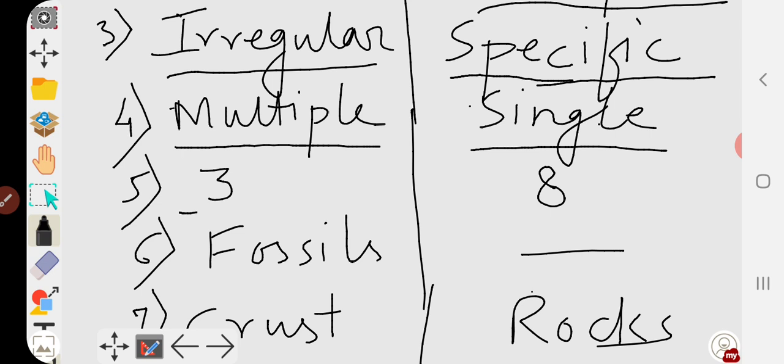We know there are 3 types of rocks, that is igneous rocks, sedimentary rocks, metamorphic rocks. But minerals are of 8 groups. What are those? Silicates, sulfides, carbonates, oxides, halides, sulfates, phosphates, and native elements. So these are the 8 groups of minerals.